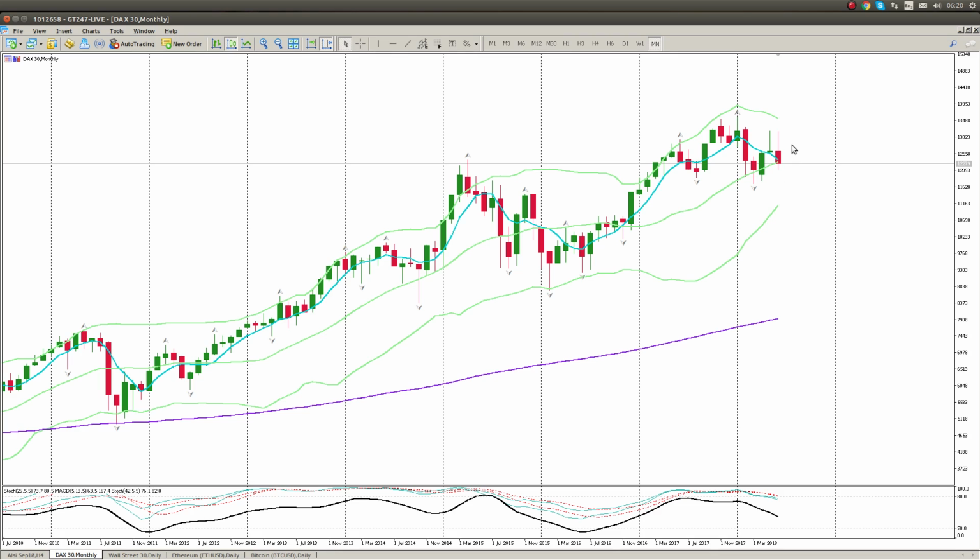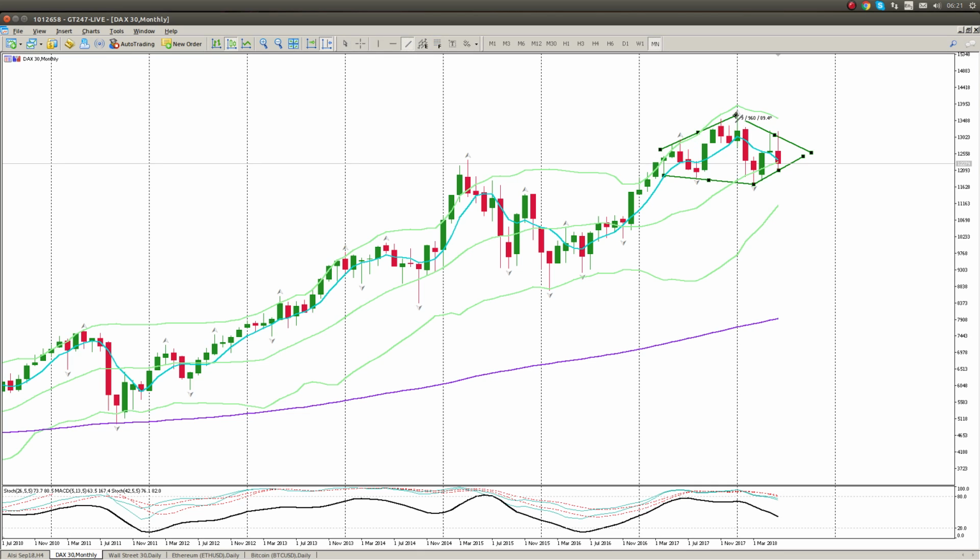That's pretty much a worrying sign, and we do have what people are seeing as these head and shoulders here. But I want to show you another way of looking at this at the moment, and this is pretty much a consolidation pattern called a diamond pattern, for those of you that are familiar with it.